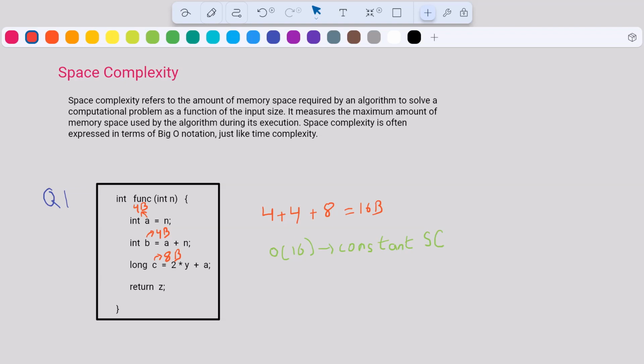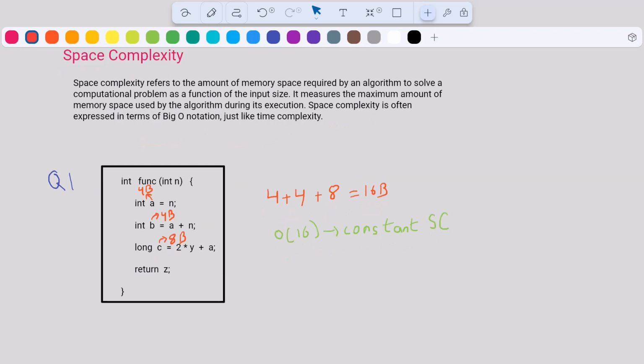Space complexity is also expressed in terms of big O notation, just like time complexity, with the same set of rules mentioned for big O notation. Now let's move on to a set of problems for this.